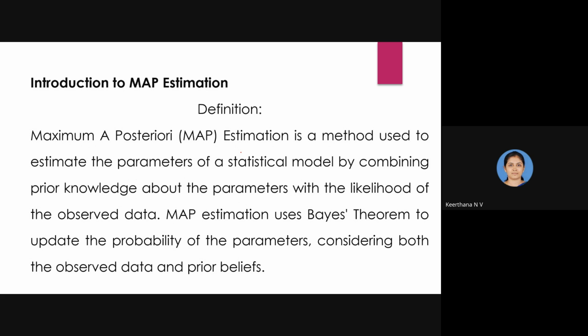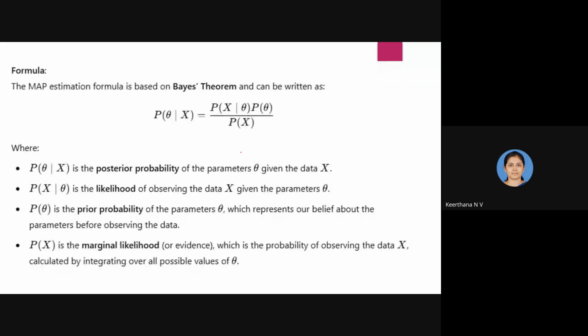Unlike MLE, this incorporates prior knowledge about the parameters, while MLE will not take the prior knowledge. This considers the prior knowledge as we do in Bayesian networks. It mainly deals with Bayes theorem only. So the formula will be the same as Bayes theorem.